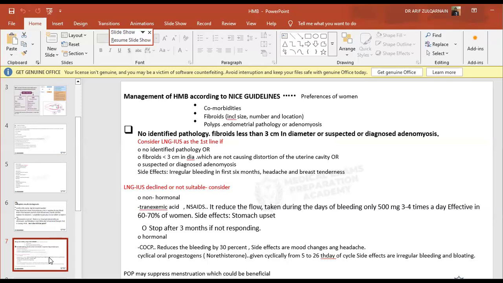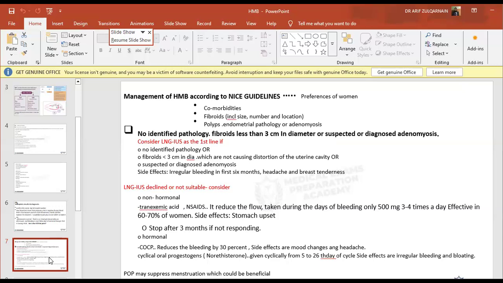Okay. But if the levonorgestrel intrauterine system is declined or it is not suitable for a patient, for example, if she is having a history of breast lump or breast cancer, then we will not give her a levonorgestrel intrauterine system. Then we will consider non-hormonal treatment like tranexamic acid and NSAIDs.